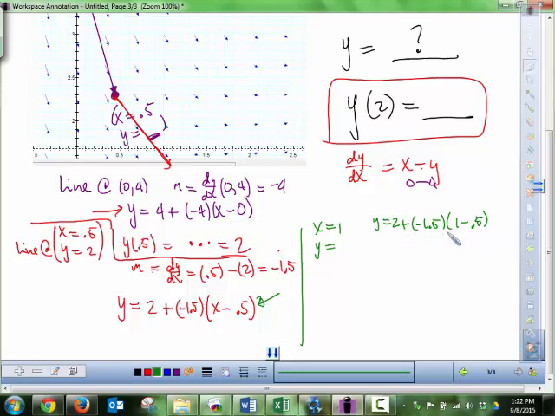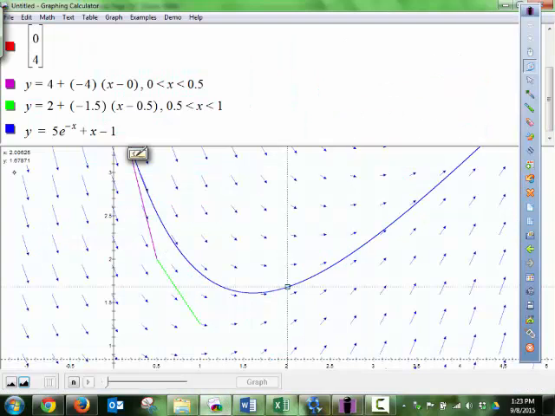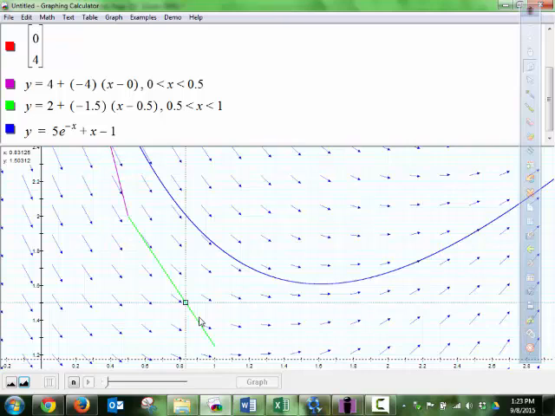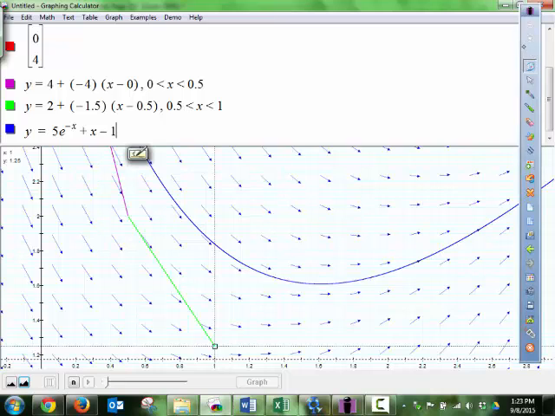And what's this equal to? What is it? Somebody punch it. What is it? 1.25. Oh, that was the answer, right? It was here already. Oh, I took it out.